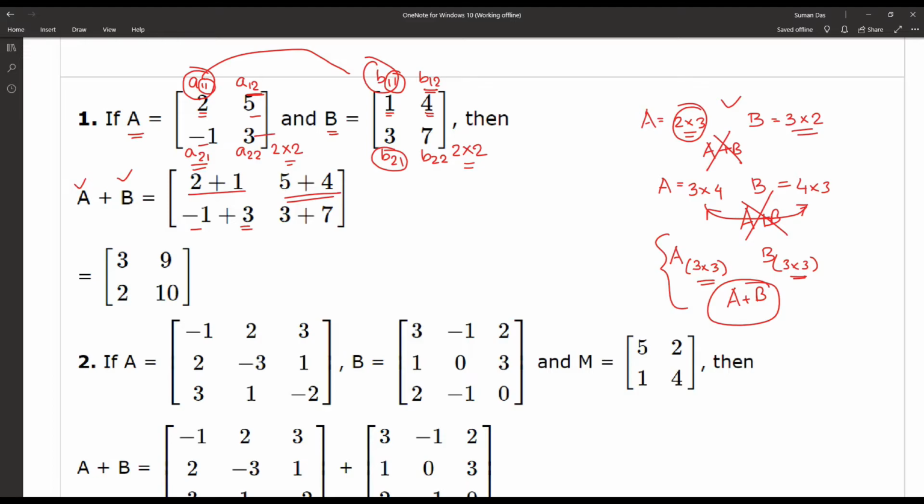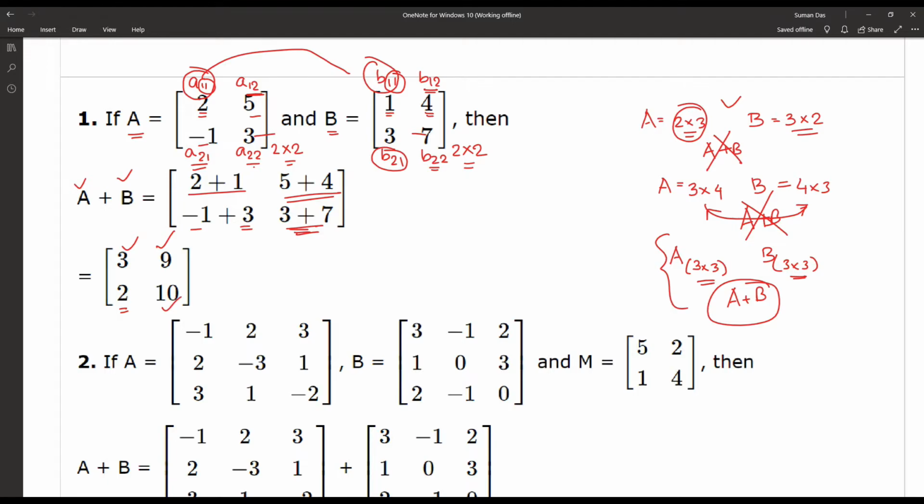And then 3 plus 7, as the same positional condition holds for the elements A22 and B22. So the final result after A plus B, the addition of the elements, is: 2 plus 1 is 3, 5 plus 4 is equal to 9, minus 1 plus 3 is equal to 2, and 3 plus 7 is equal to 10.